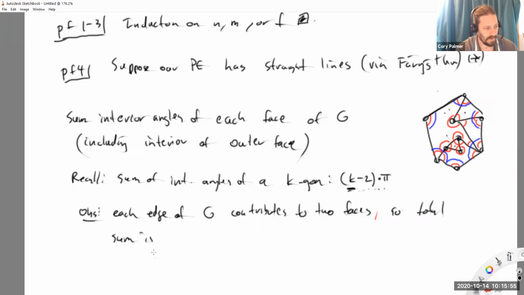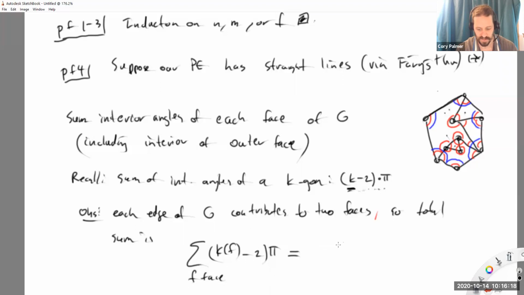So I could write the thing like this: let's say k of f, this is over every face, the sum of k of f minus 2, times pi, where k of f is the length of the cycle f, and I sum up over all cycles. This sum of k of f values sums to 2 times the number of edges, okay?